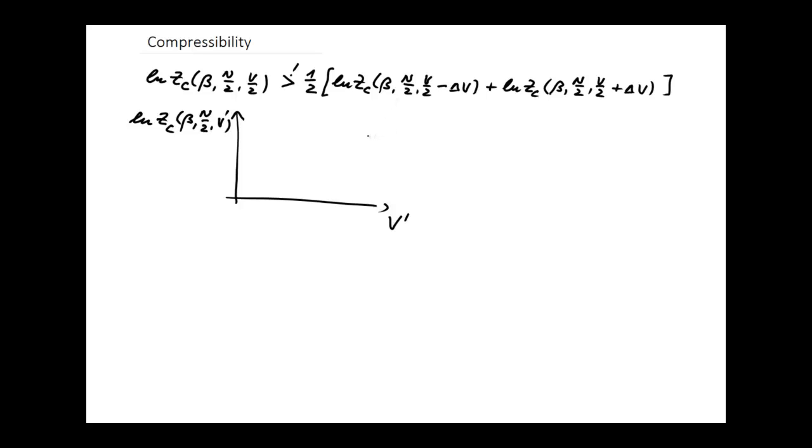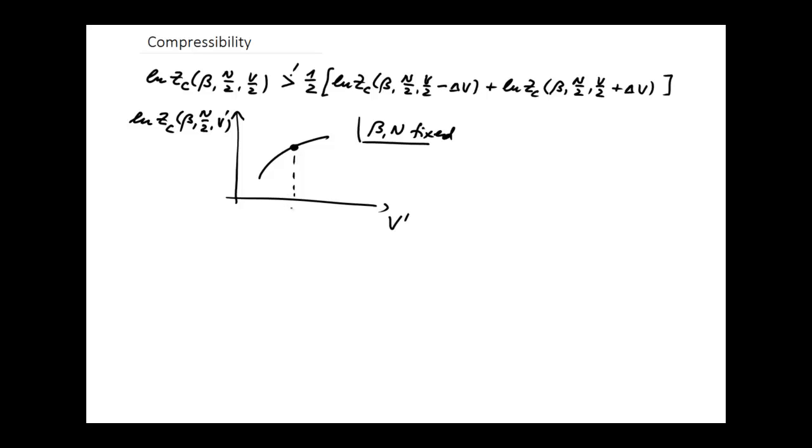Beta and N are fixed, and the above inequality tells us that, as in the earlier case that had involved the entropy as a function of energy, this log of the canonical partition function must be concave.